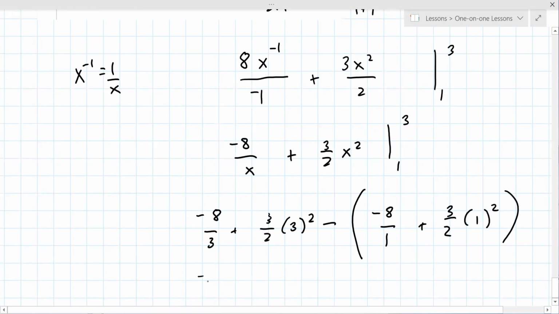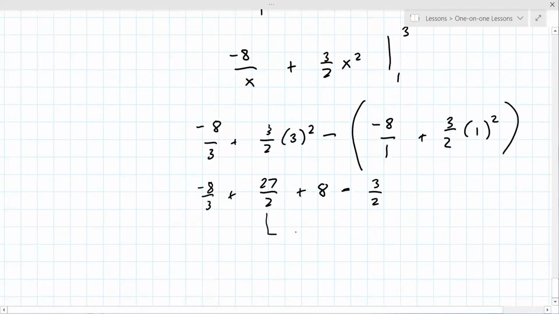So this is minus 8 over 3 plus, this is 9. 9 times 3 is 27 over 2. This minus goes in here, so it becomes plus 8. And this minus goes in here, so it's minus 3 halves. So then, like these two, they make 24 halves, which is really 12.